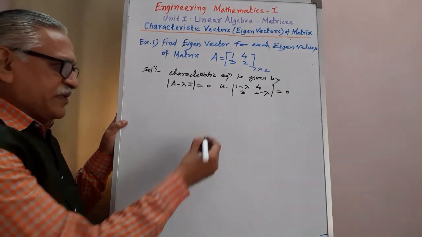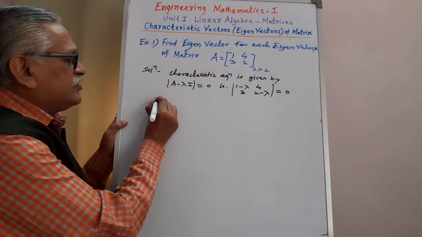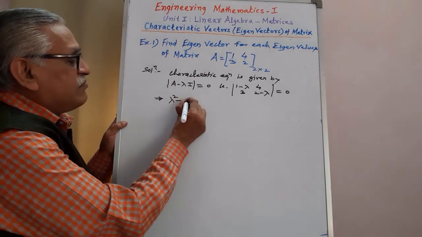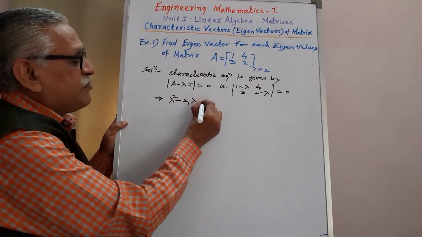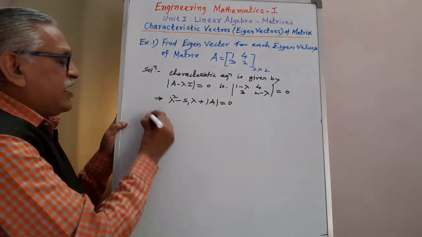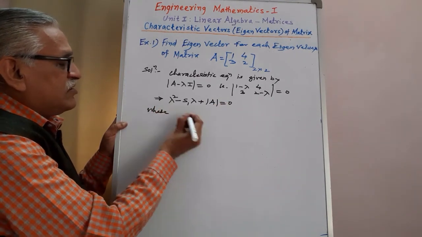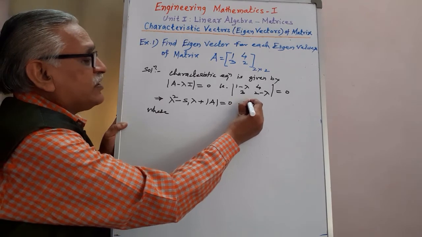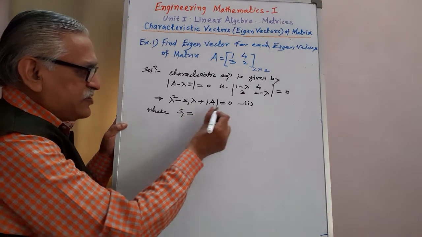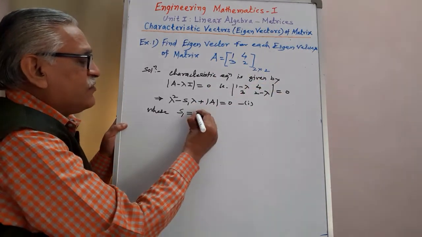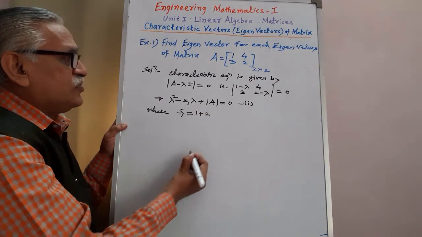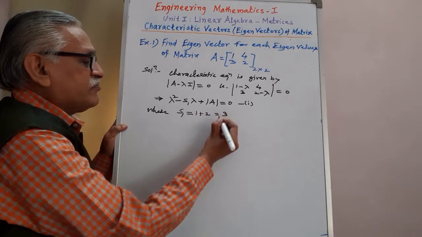Then applying the shortcut method, this is obtained by using the equation lambda square minus S1 lambda plus determinant of A equals 0. We call this equation 1. S1 is the sum of the principal diagonal elements; the first element is 1, the second is 2, and therefore 1 plus 2 we get 3.